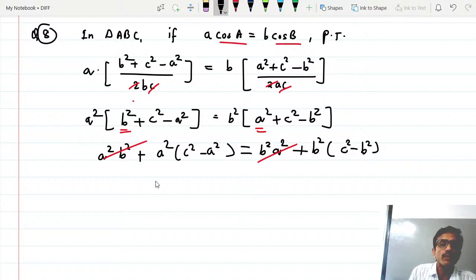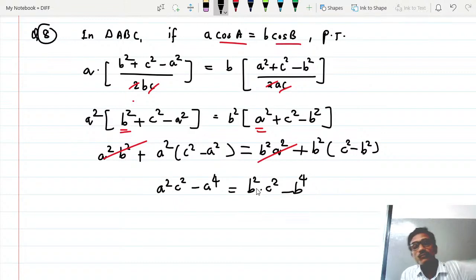Then what is left over here? a square c square minus a to the power 4 is equal to b square c square minus b to the power 4.